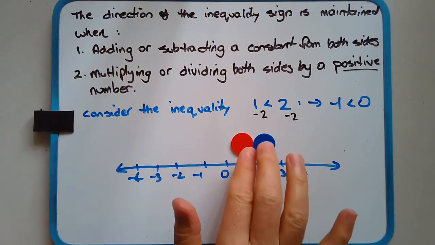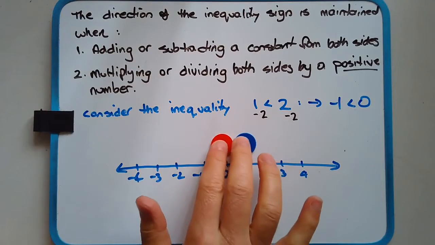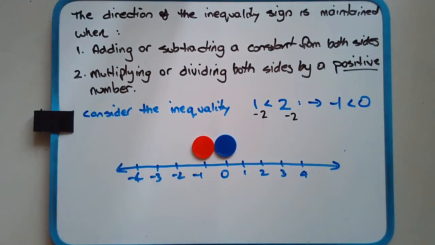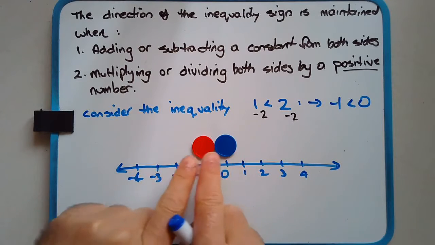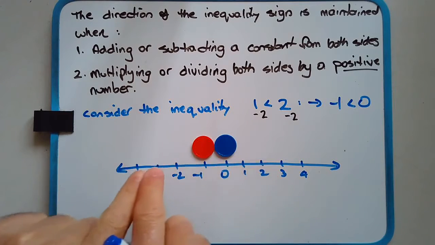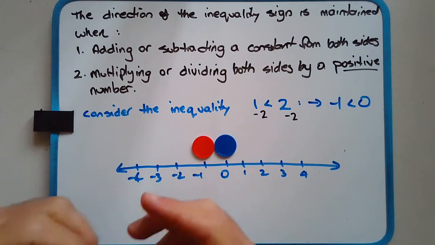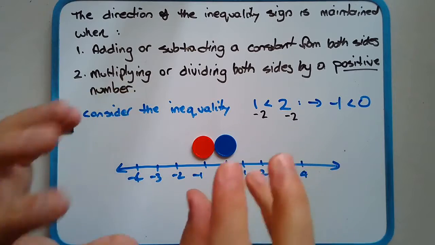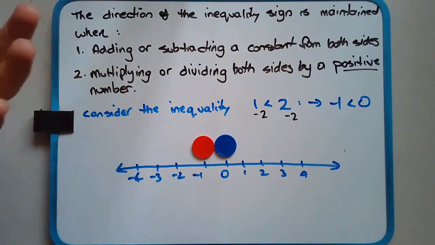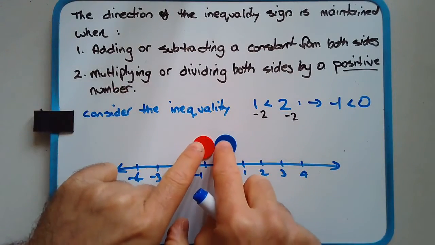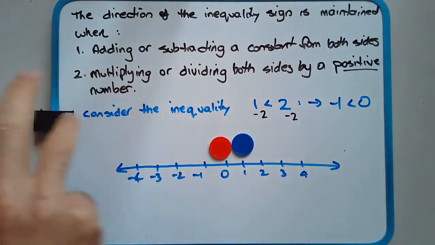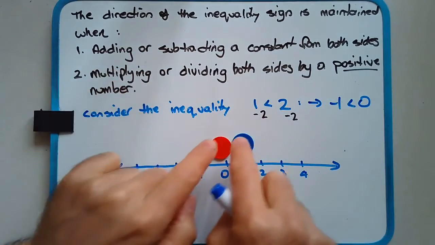What's happened is that both counters have now moved 2 places to the left, simultaneously. So the gap between the two counters is still the same, that hasn't changed, but both counters have now shifted. So think of, at least from a geometrical perspective, adding or subtracting a constant from both sides of an inequality, or even both sides of an equation for that matter. What happens is the counters actually move together.